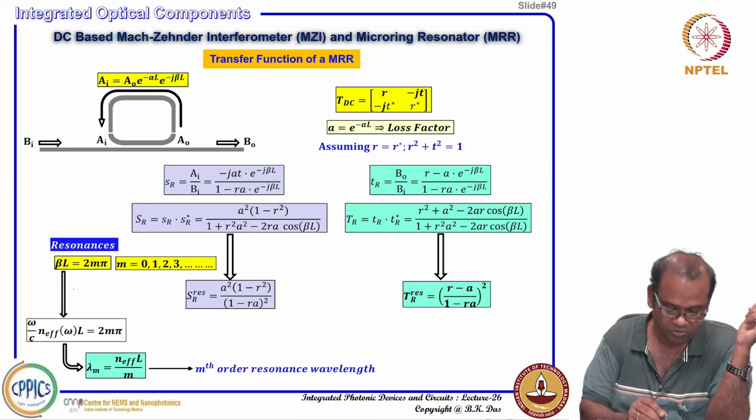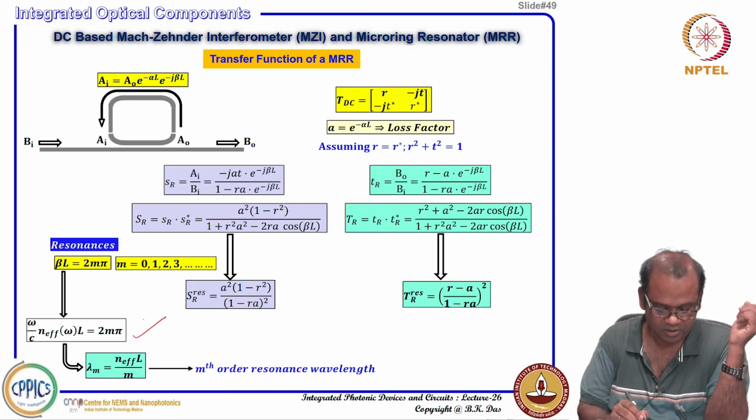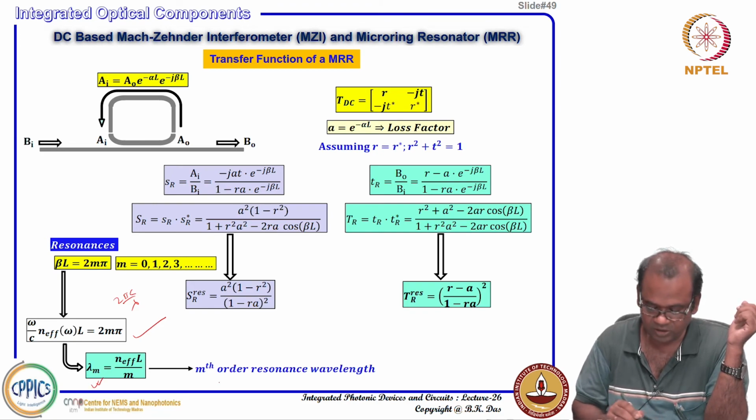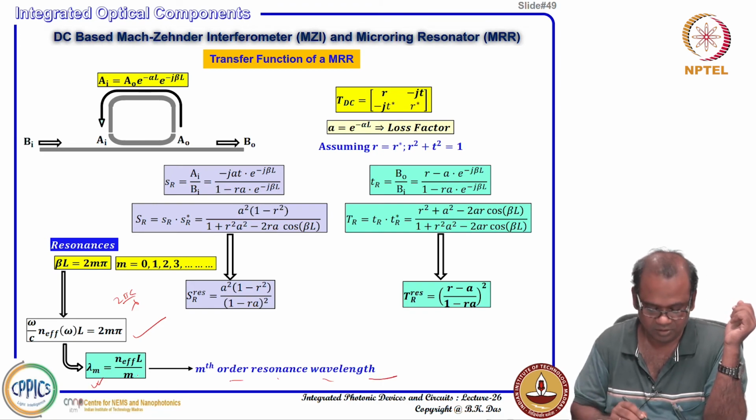Now, one thing you can consider: this beta, again I am writing, is omega by c times n effective, L equal to m pi. Now, omega is 2 pi c by lambda, so I can find lambda m. These are the mth order resonance wavelengths.